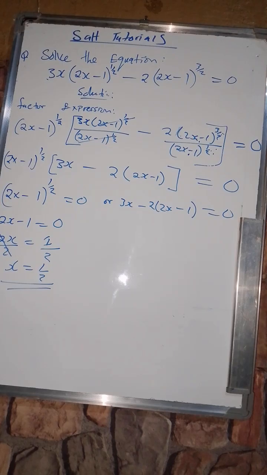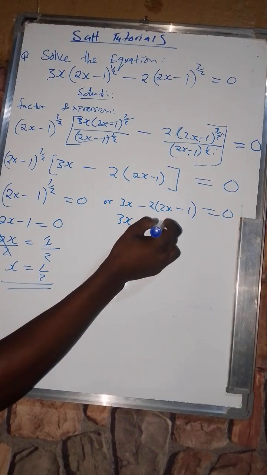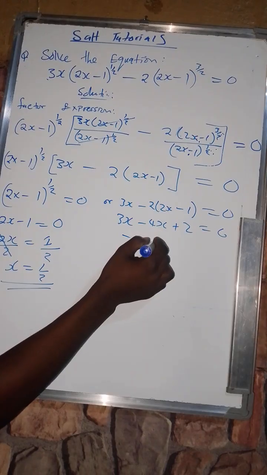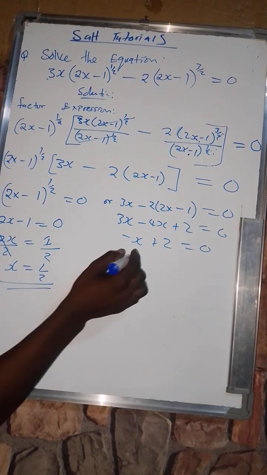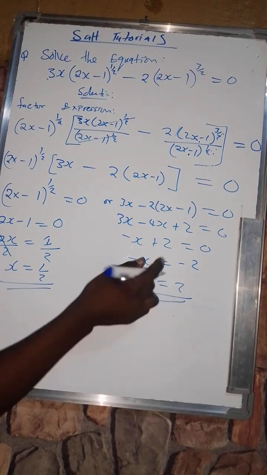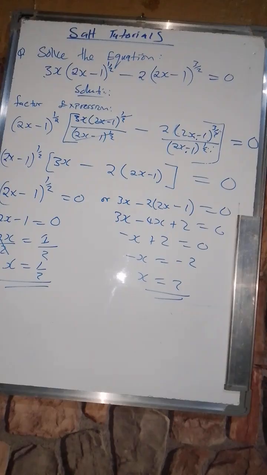Then you deal with this other one: break the brackets, 3x minus 2x plus 1... this gives negative x plus 2 equal to 0, so negative x is equal to negative 2, and x should be equal to positive 2 when you divide both sides by negative 1. And you have solved your equation without thinking. Very fast. The only concept here is understanding that this can be solved by the factoring out method. As simple as that.